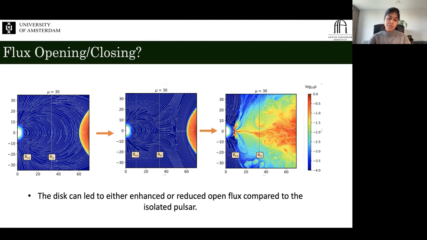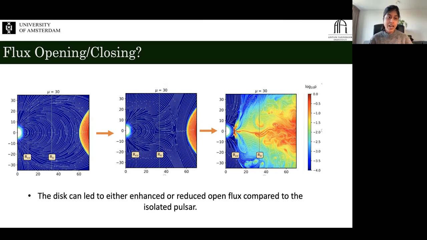And this whole thing is dependent on the initial magnetic field strength that you start off with. This suggests that the jet power you get at the end might be dependent on the history of the evolution of the system.